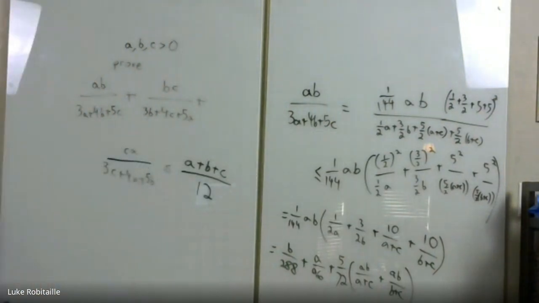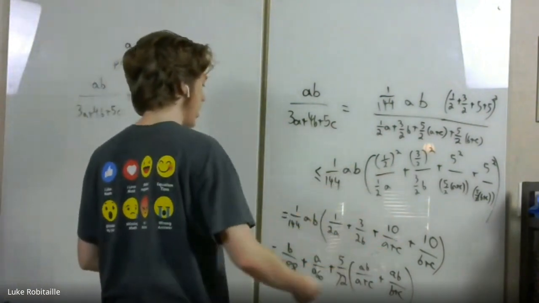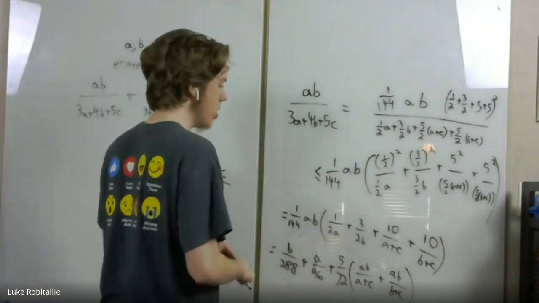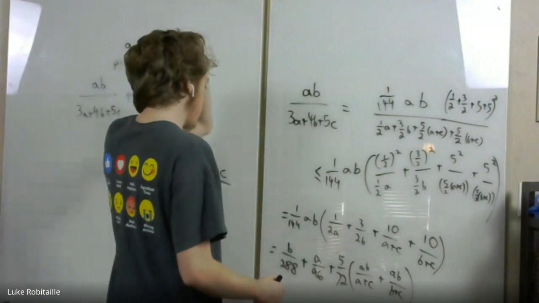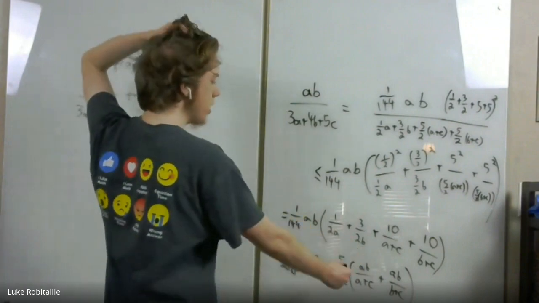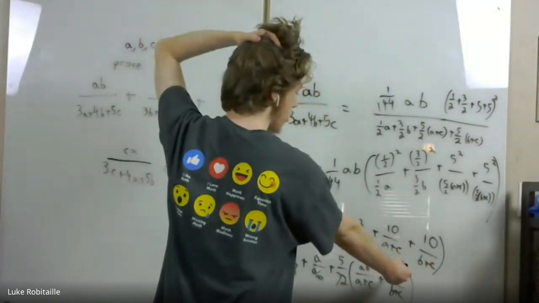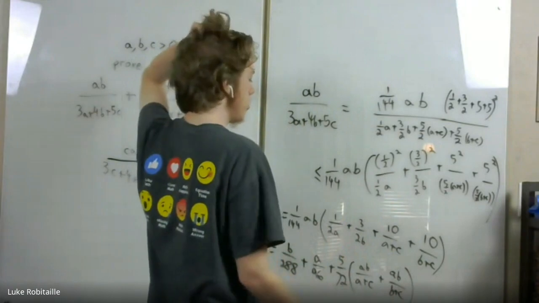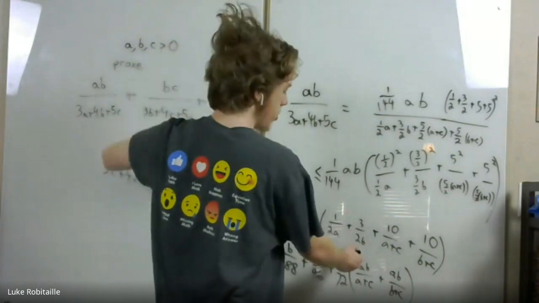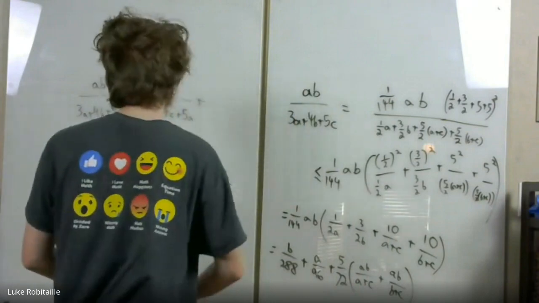Because when you add this up cyclically, like this AB over A plus C, on the next term there's going to be a BC over C plus A, with the same coefficient as before.